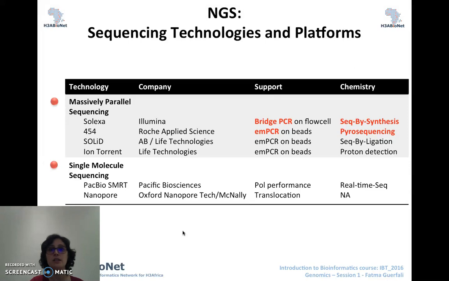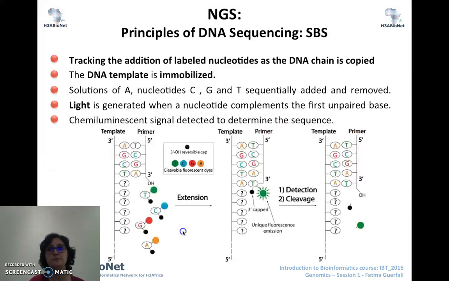So the technology itself that replaced the Sanger sequencing is called SBS, or sequencing by synthesis, which is the general principle that is used in the bridge PCR on a flow cell, and then pyrosequencing, which is used with the emulsion PCR on beads.